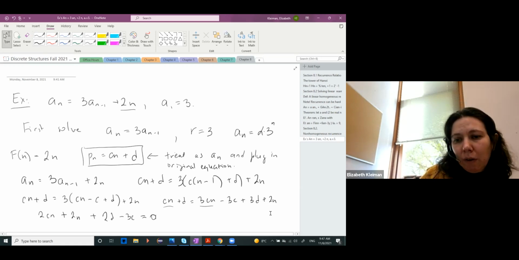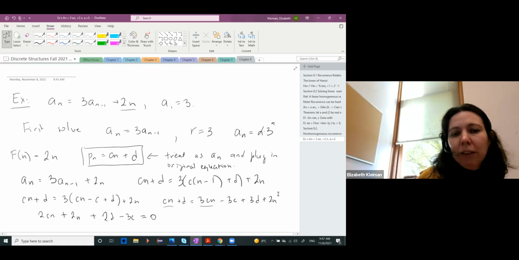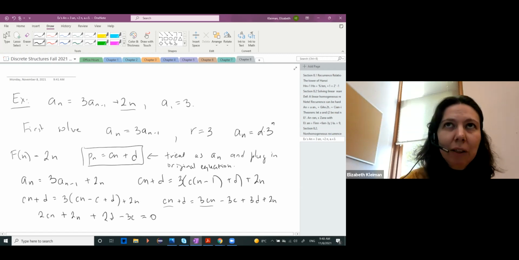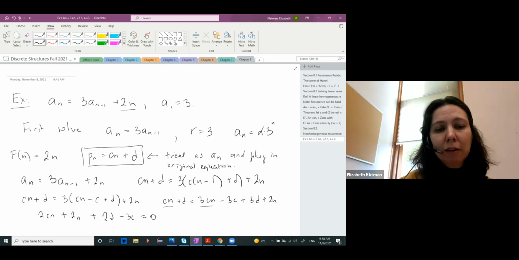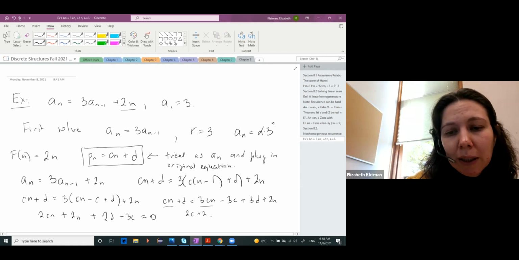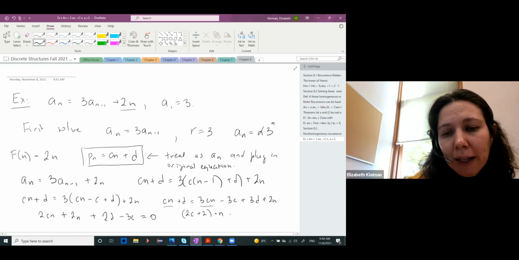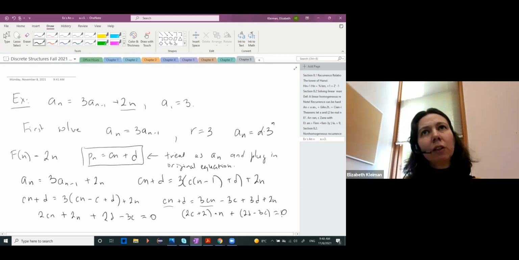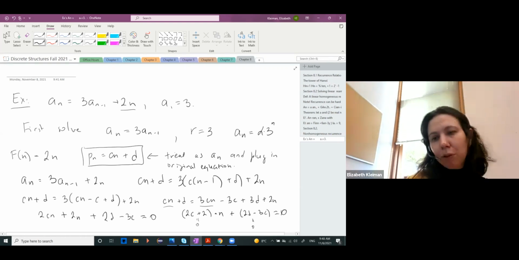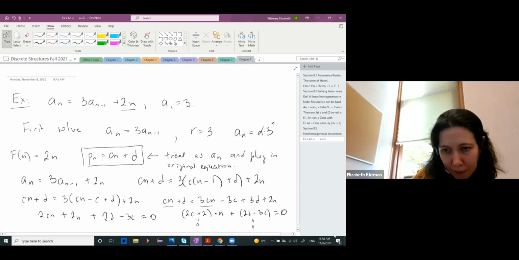So I need a solution for this equation. The solution only works when both terms are 0, so we have two equations. We factor n out: we have (2C plus 2) multiplied by n plus 2D minus 3C equals 0. In order for it to equal 0, I need this portion to be 0 and this portion to be 0.